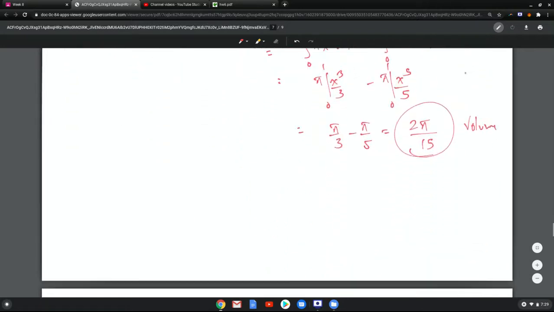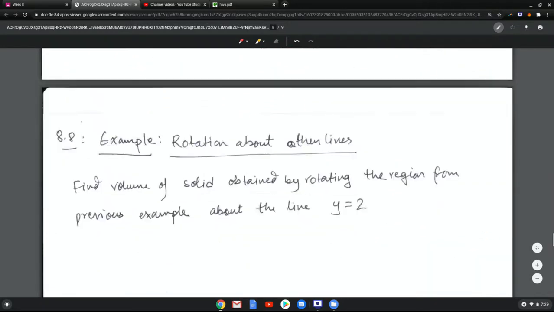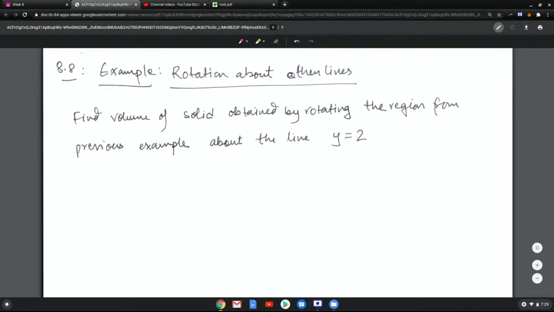Now there is another variation to this particular problem, which is rotation about other lines. In the same example as before, instead of rotating it about the x-axis, we're going to rotate it about the line y equals 2. So we have the same setup.